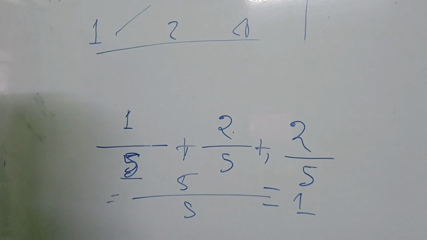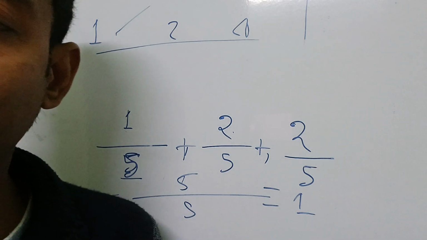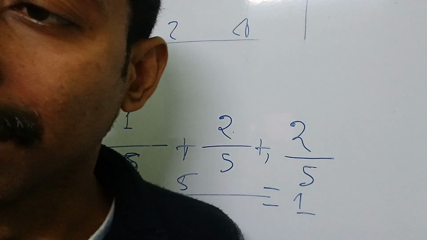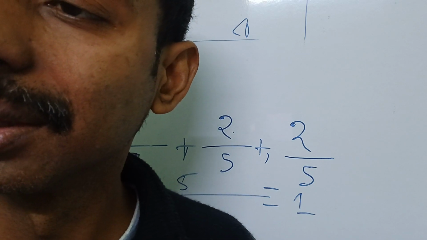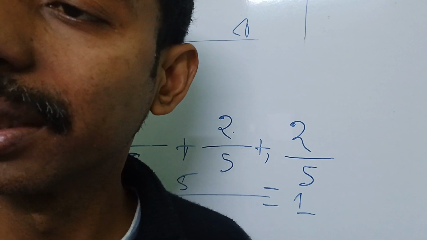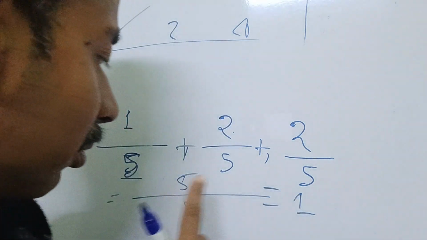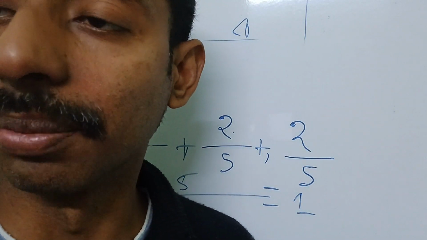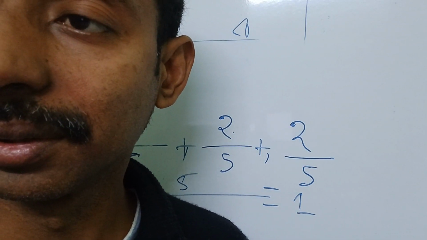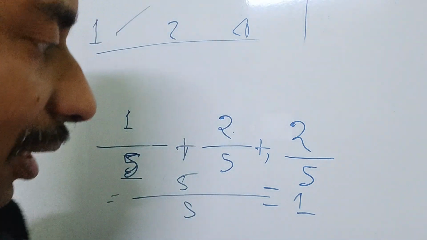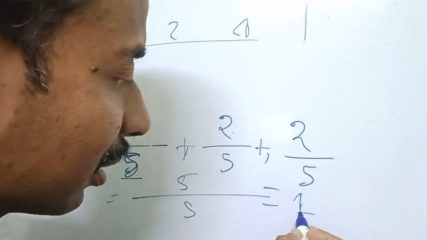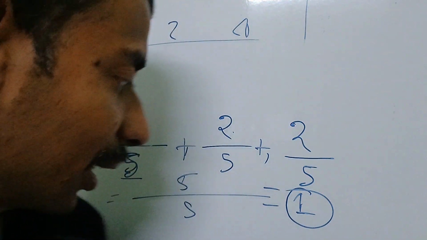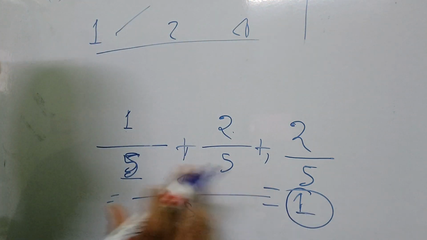If you add all the fractional parts of a thing, then you will get 1. If you add all the parts, 1 means the whole, undivided part. The undivided part is symbolized as 1, and this is the relation.